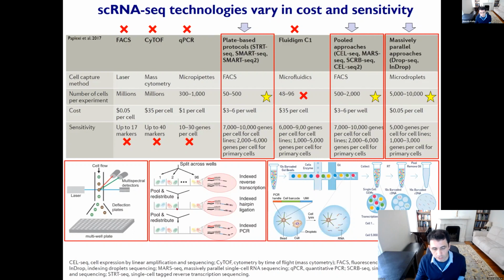And then you shuffle again, and that cell that now has the blue barcode and the green barcode gets shuffled again, and then you also add the red barcode. So you end up with every cell having a unique combination of 100 times 100 times 100 different choices for the barcode.